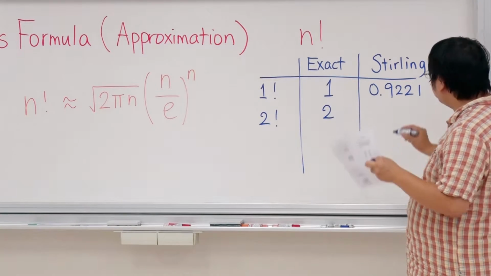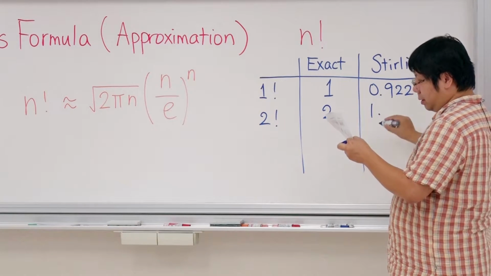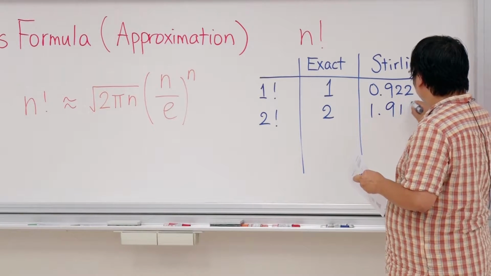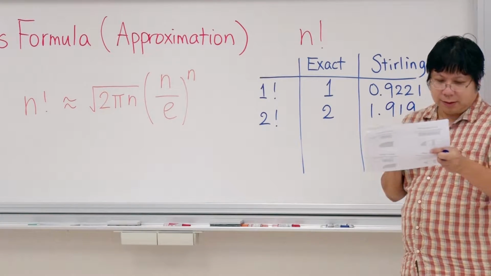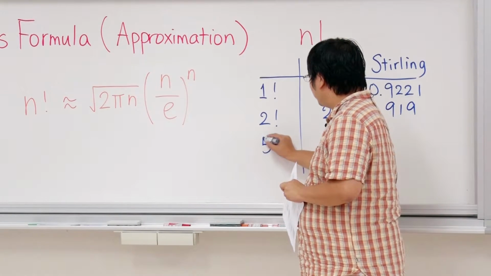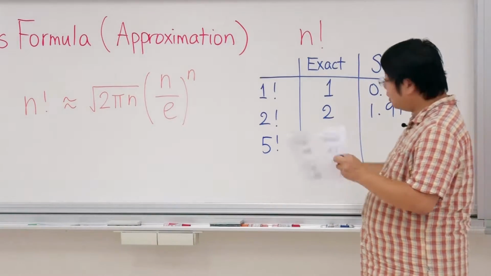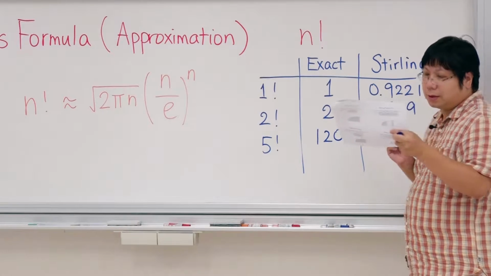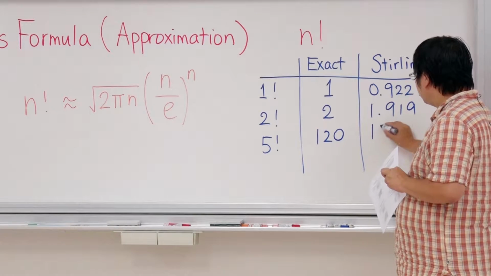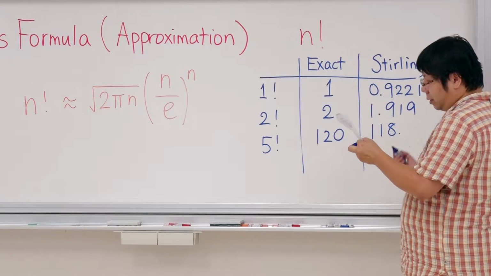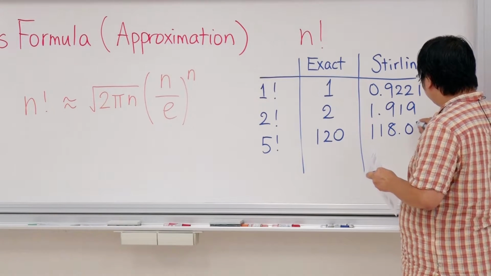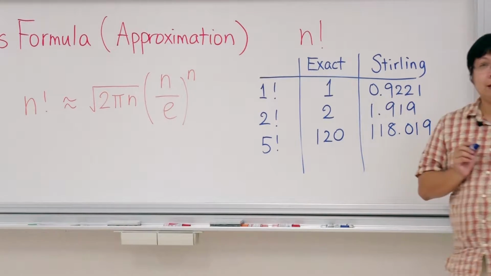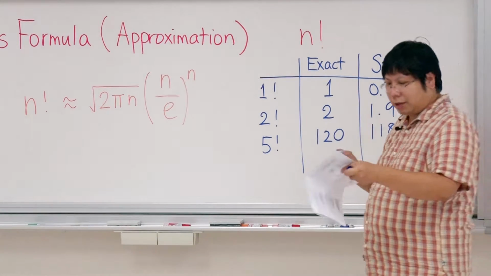And the Stirling value is 1.919. If we look at 5 factorial, the exact value is going to be 120, and the value here is 118.019. Is that okay?